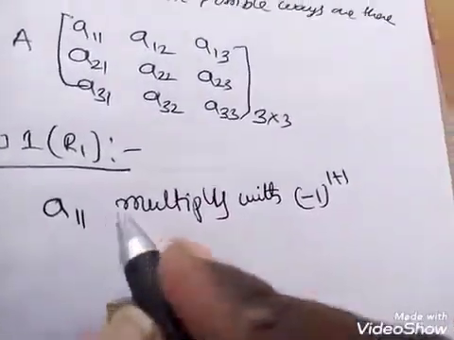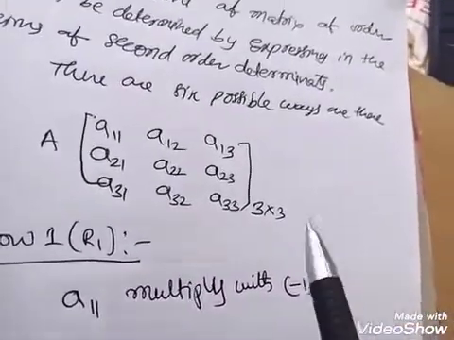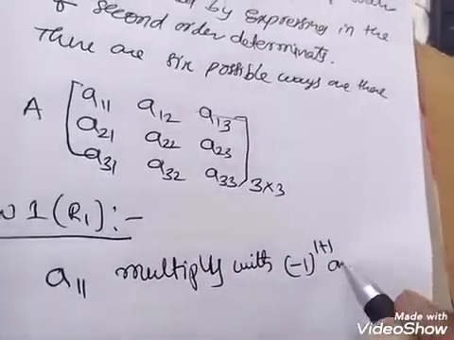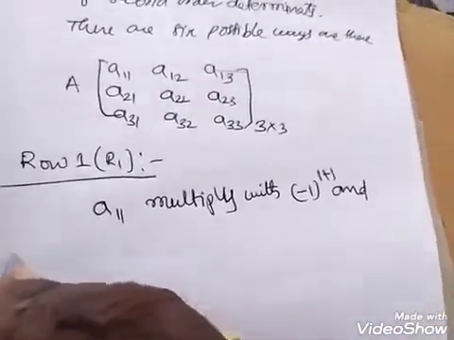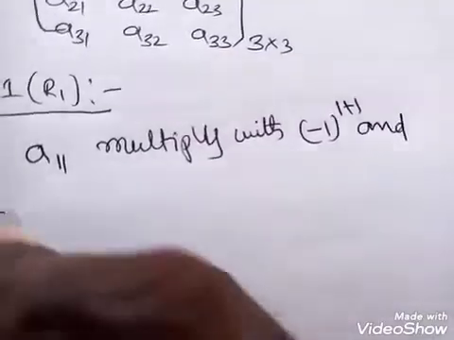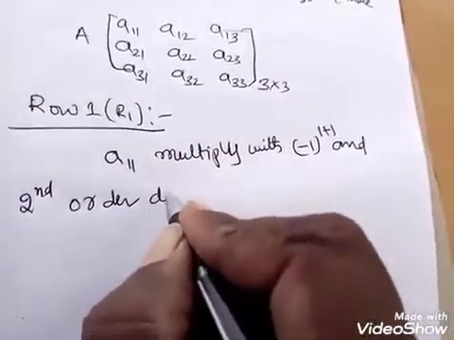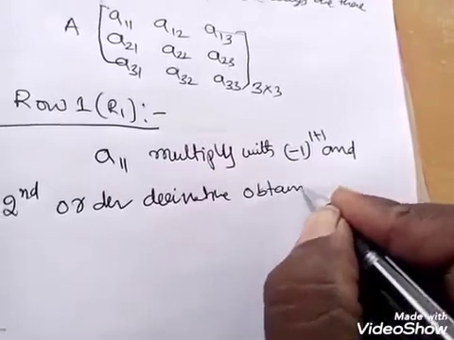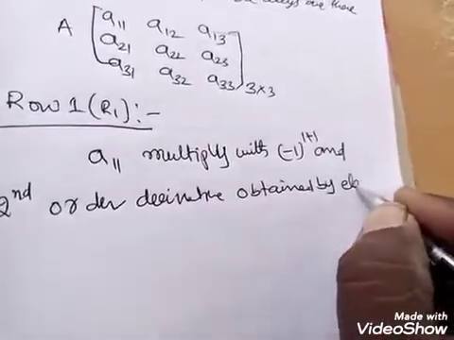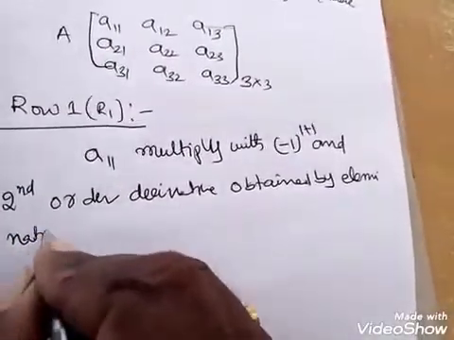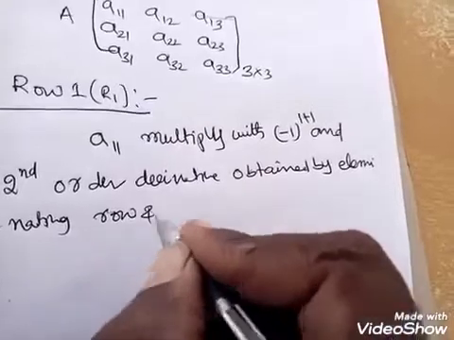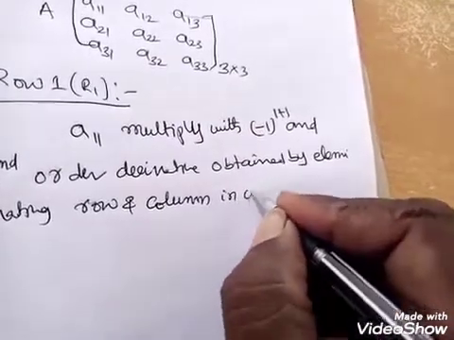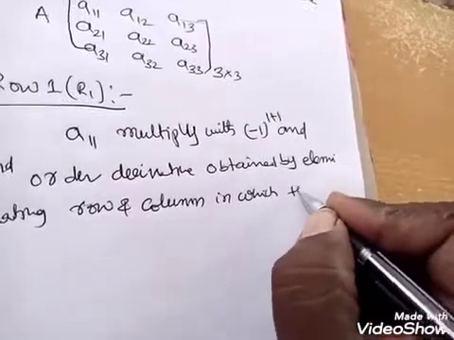This is minus 1 power 1 plus 1, which is 1, and the determinant, a second order determinant, obtained by eliminating the row and column in which the element lies.